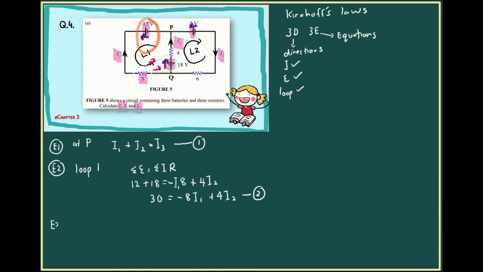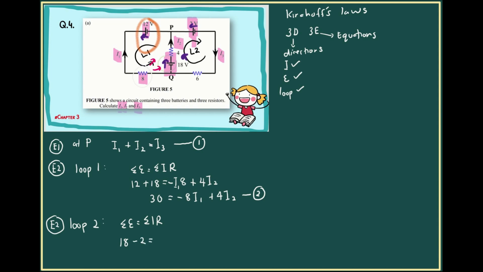Next, the third equation is from loop number 2. Again we are applying the second Kirchhoff law. We do the same. We have to always compare the direction of EMF with the direction of loop. For this EMF, it has the similar direction with the direction of loop, so it's supposed to be positive 18. If we compare with this EMF, the direction with the direction of loop is opposite, so it's supposed to be negative.